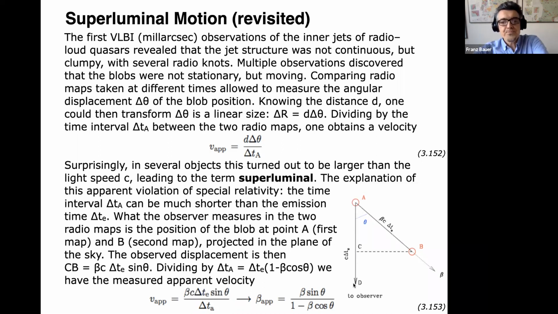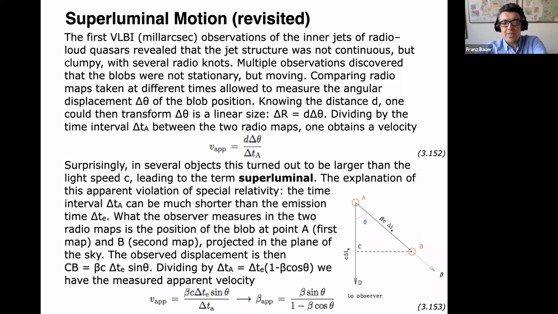And so we can have an observed displacement here, which is this CB, and it ends up being this quantity in this geometry. If we then divide CB, which is this physical distance, by our delta arrival time, which we had calculated, this ends up being the apparent velocity, right?